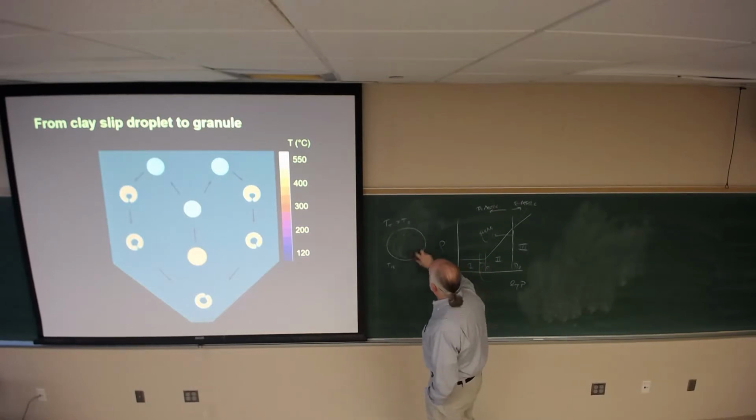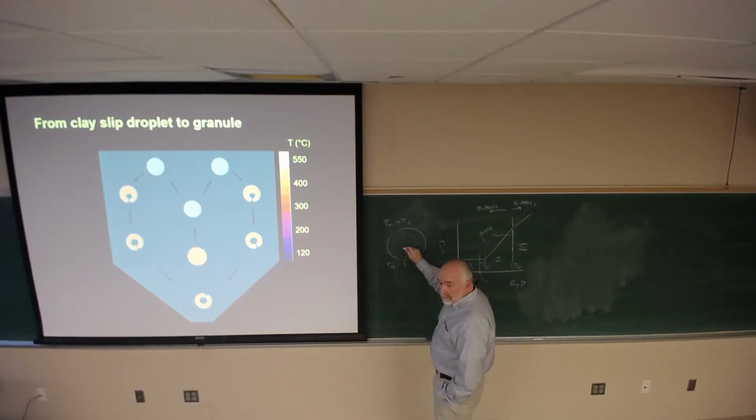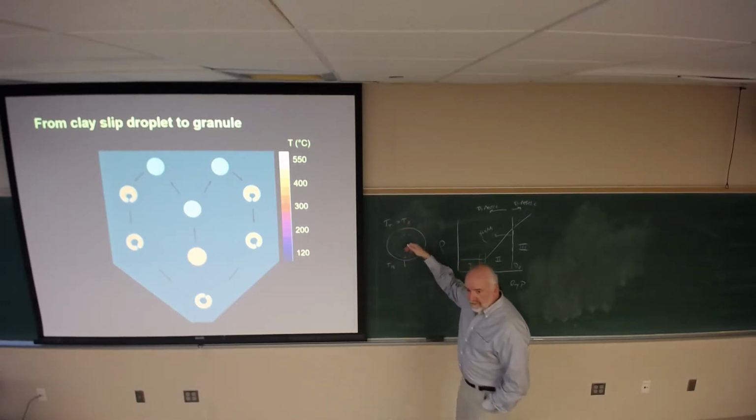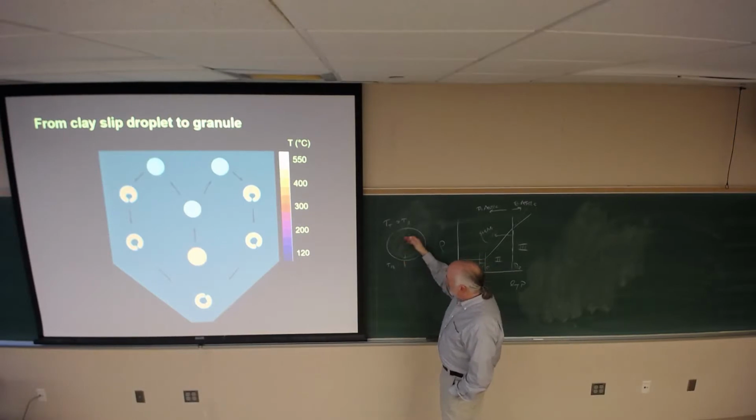Okay, and so you end up with a thicker top surface, okay, and a thinner bottom. And that thinner bottom will rupture because in doing this, the outside becomes rigid, the inside is still trying to shrink, and so it will rupture.